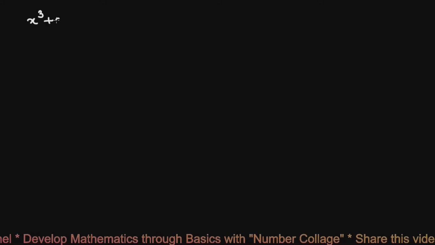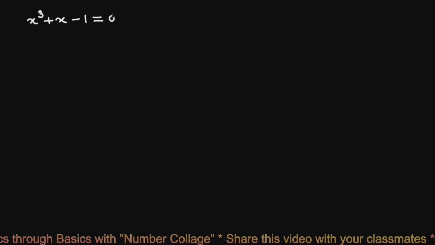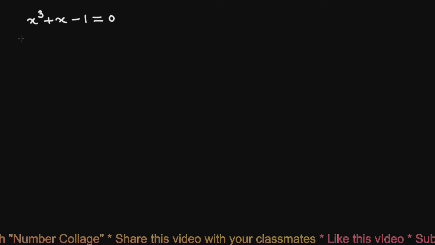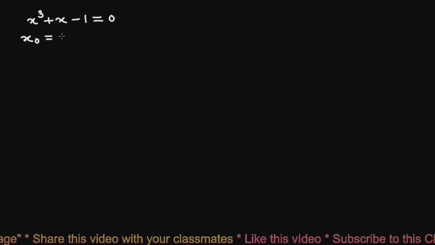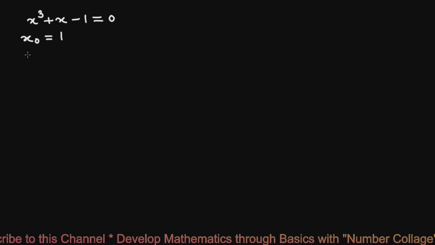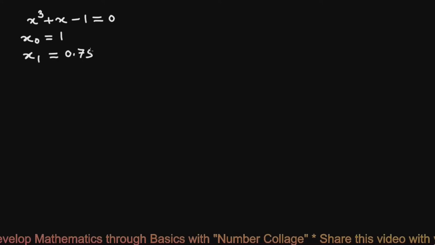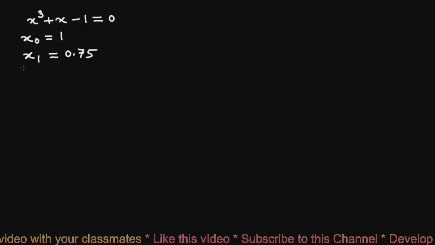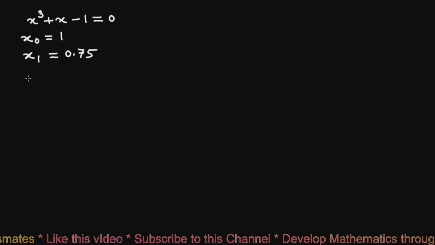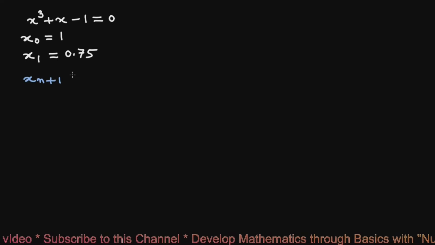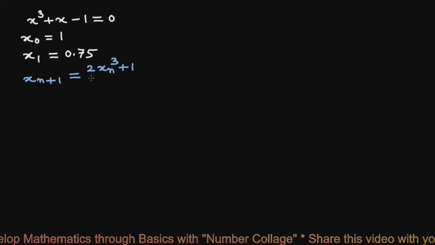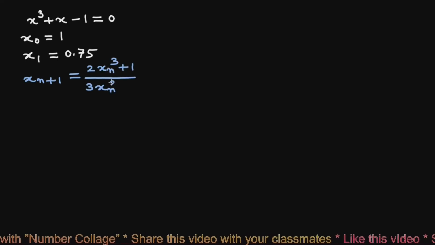The algebraic equation that we have to solve is x cube plus x minus 1 equals 0. The base root or the initial root x0 is 1 and the first approximate root x1 equals 0.75, and the iterative formula is x of n plus 1 equals 2xn cube plus 1 upon 3xn square plus 1.